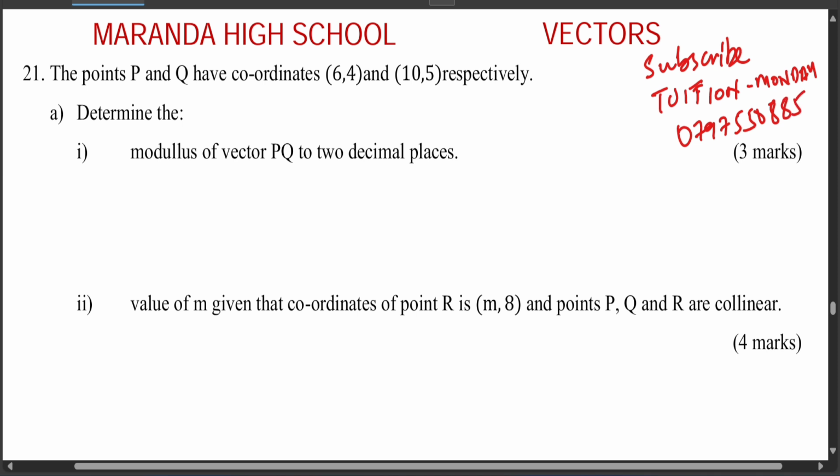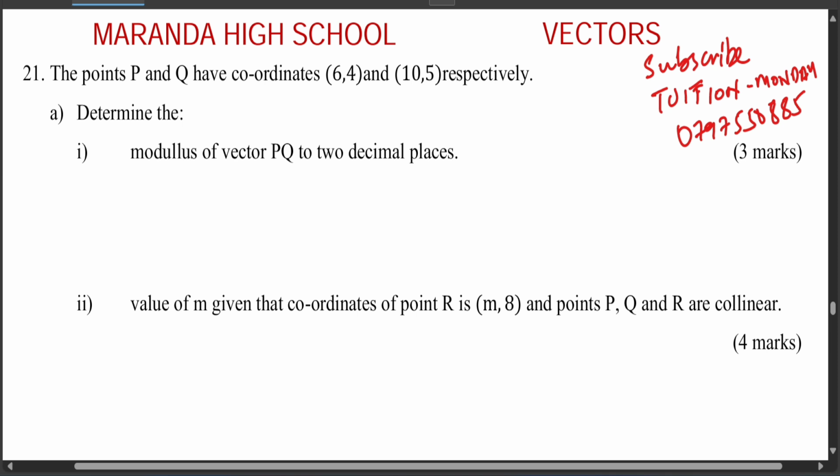So let's continue. The question says the points P and Q have coordinates (6, 4) and (10, 5) respectively. Question A: determine the modulus of vector PQ to 2 decimal places. Roman 2: the value of M given that the coordinates of point R are (M, 8) and points P, Q and R are collinear.